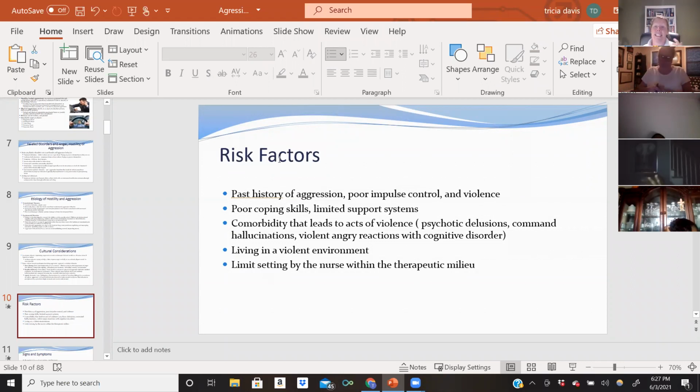Any comorbidity that leads to acts of violence, so those psychotic delusions, hallucinations, and then violent, angry reactions that we see with certain cognitive disorders. People that live in violent environments or grow up in violent environments. It is a learned behavior. And as nurses, our priority is always going to be to make sure that we set limits within the therapeutic milieu.